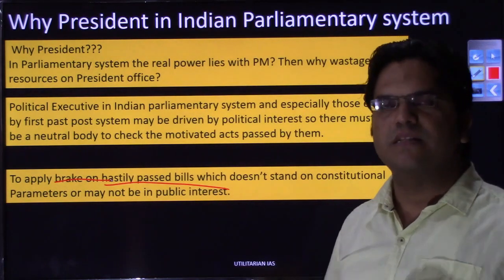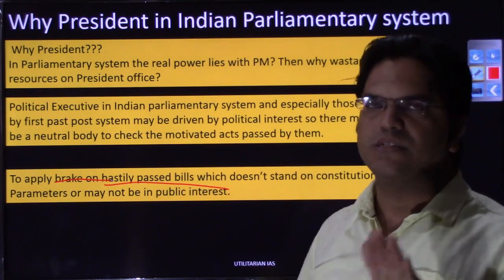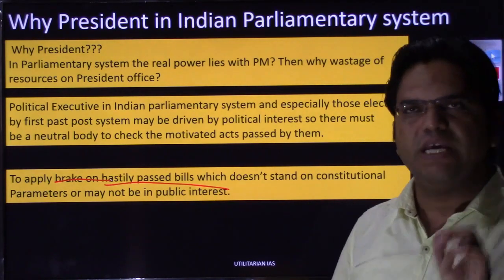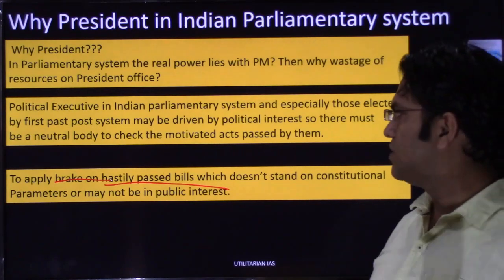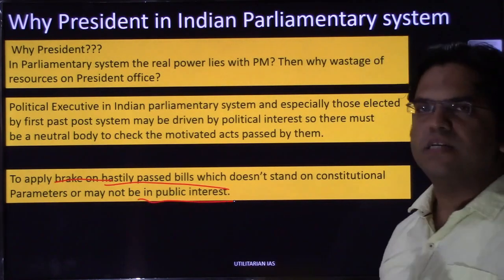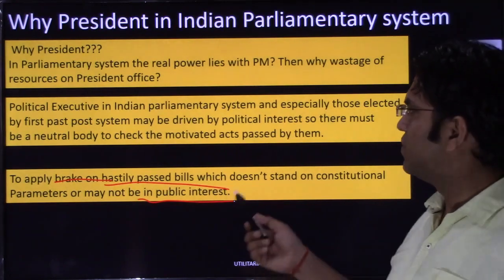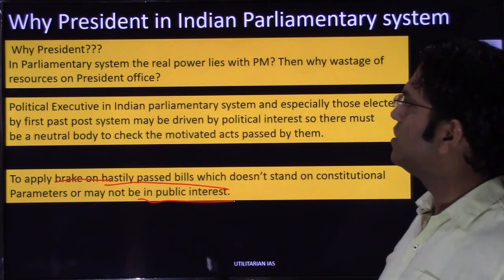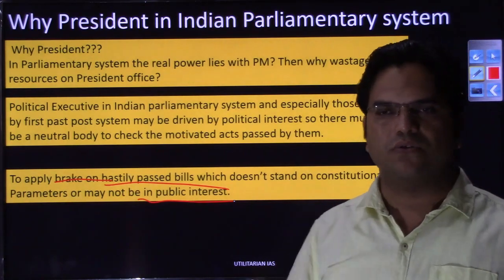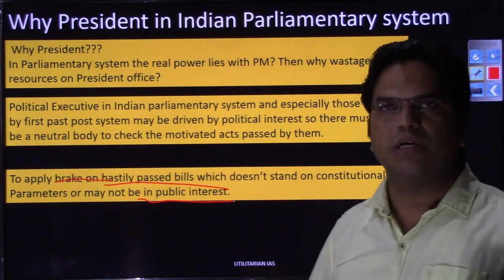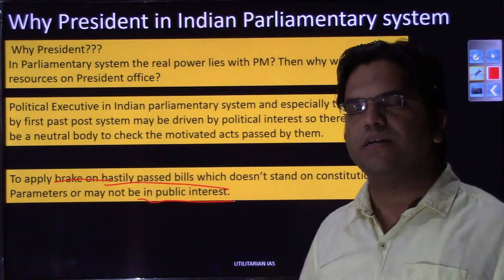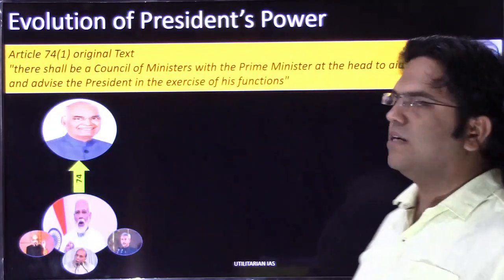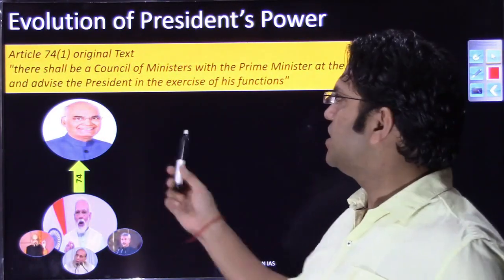They can at least suggest that you do have a majority, you do have every right to pass this bill, but at least reconsider it, because it does not lie in something called larger public interest. So that was the point, and that is why the existence of the presidential office has been justified in the Indian constitution. I hope the question of why the president is necessary in the Indian constitutional scheme would have been answered. Let us move to the next slide, and now let us discuss this evolution of presidential power.